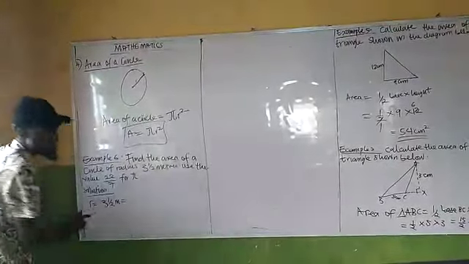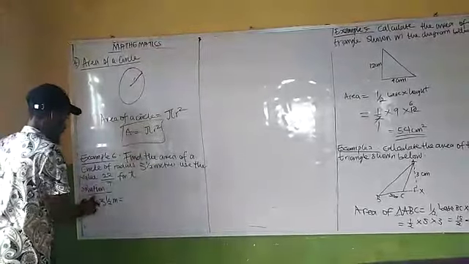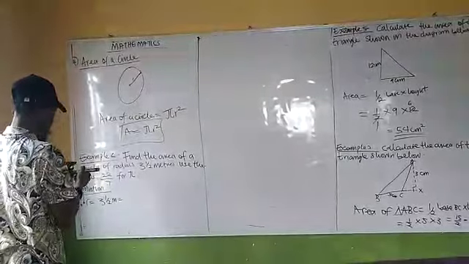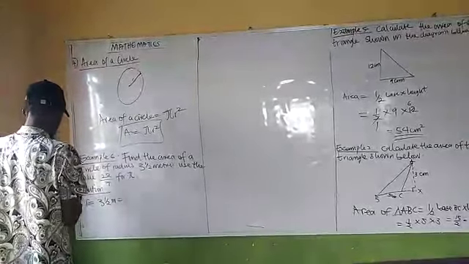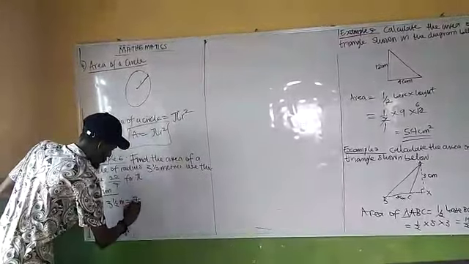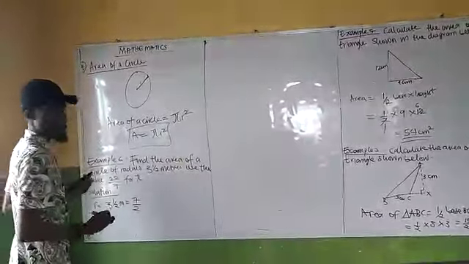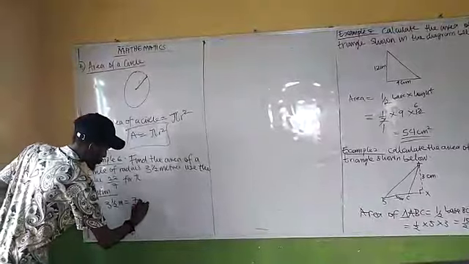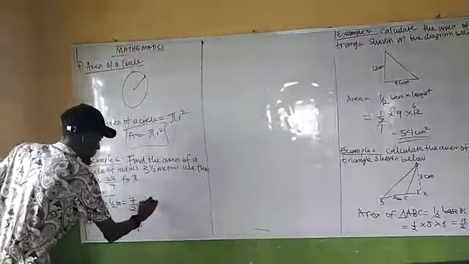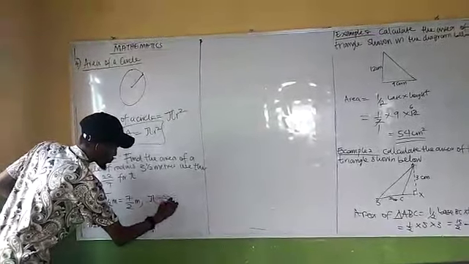Now, convert this mixed fraction to an improper fraction: 3 times 2 is 6, plus 1 will give us 7. That is, we have 7 over 2. So 7 over 2 meter. Then let's continue. Pi is given to be 22 over 7.